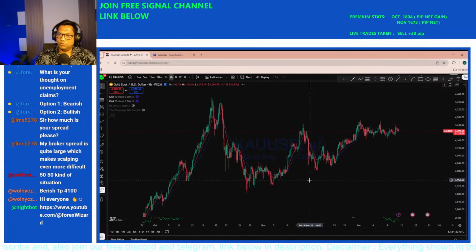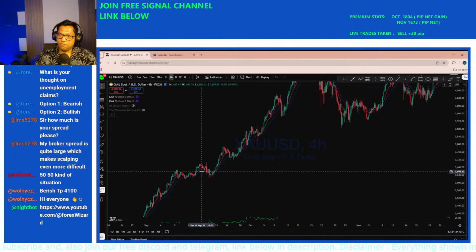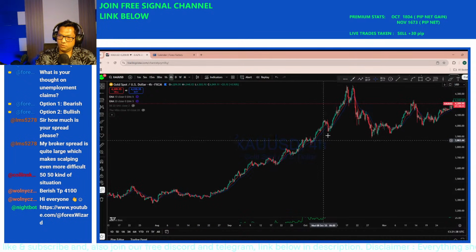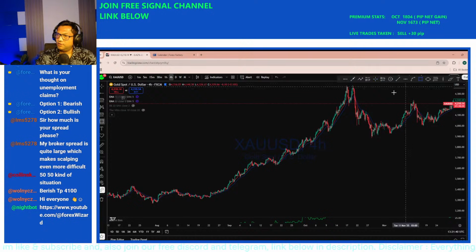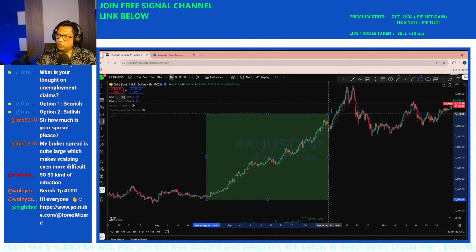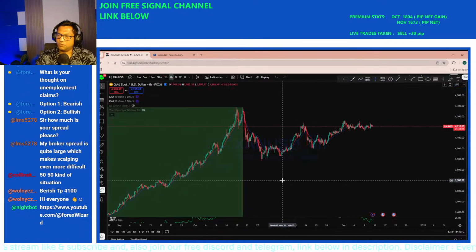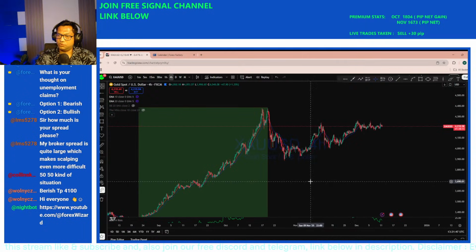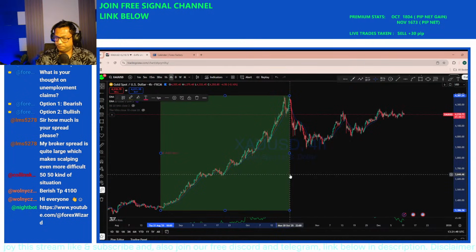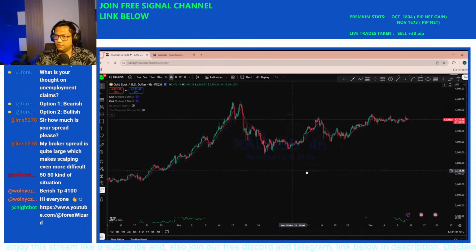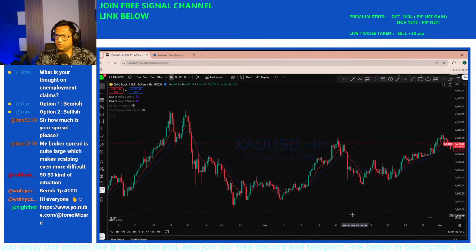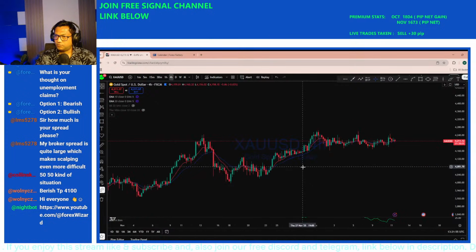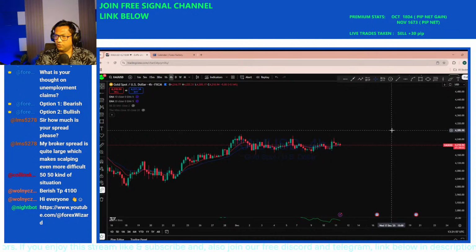So here it was a big trend. Now looking from here to this level, a massive trend here, all bullish, and then there was a downtrend, now sideways.